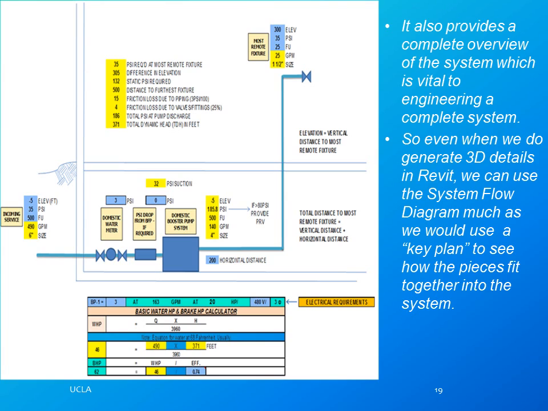Notice by BP1, it says 3 in one of the blue boxes. So in this case, I put a 3 in there, so that means I want 3 pumps. And when I did that, it split up the horsepower. You can see that the BHP I need is 62 according to my calculations down below. Now, these pumps are never really going to need that. So if I have 3 at 60, I know that that's enough.